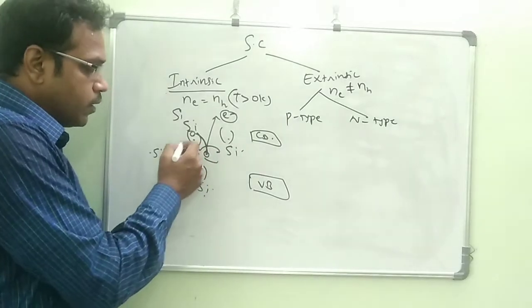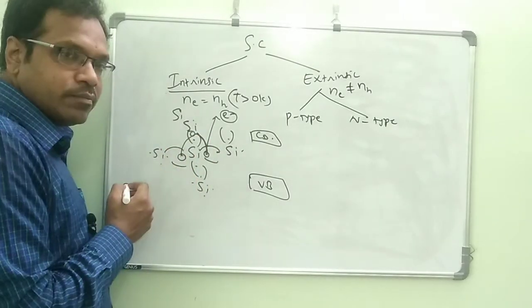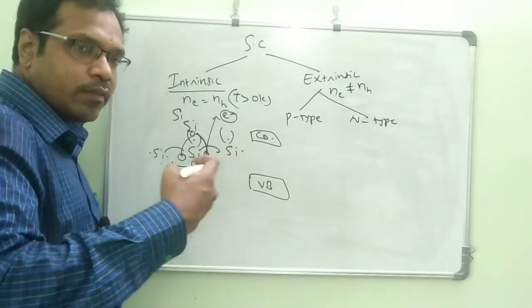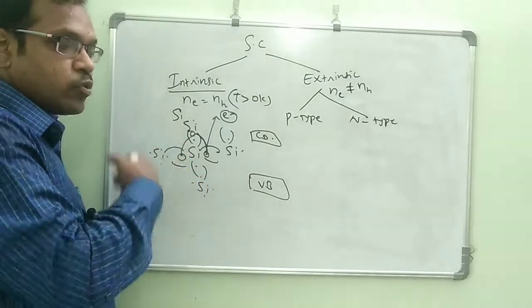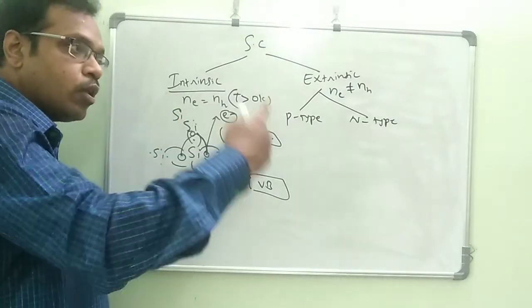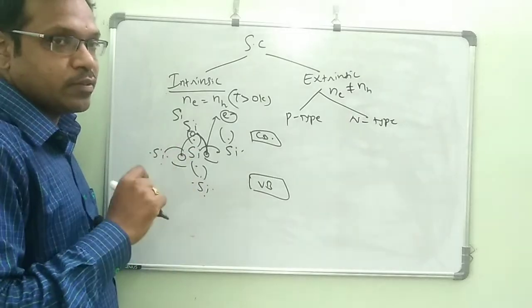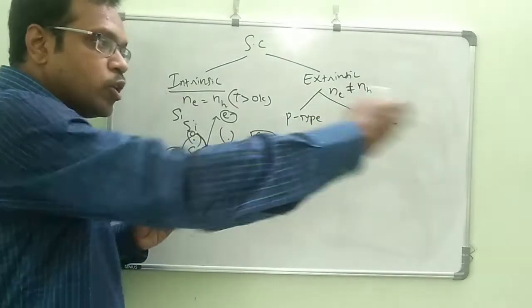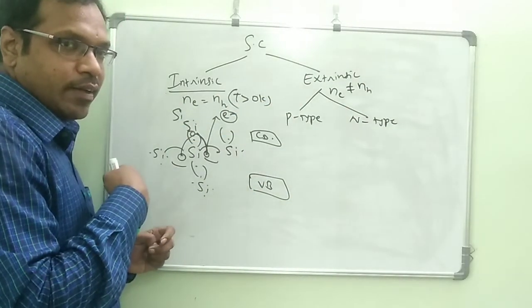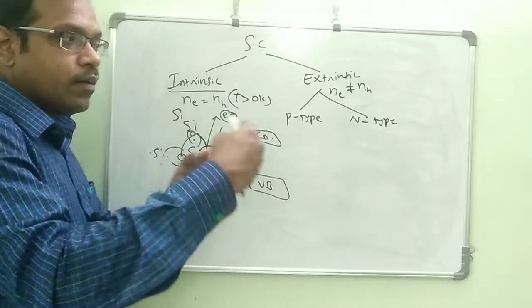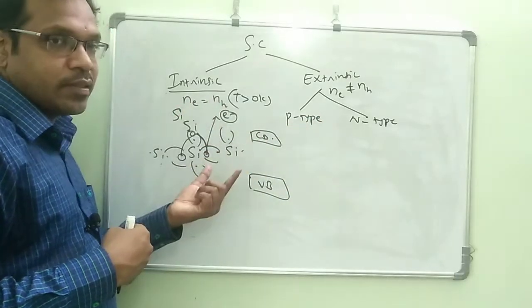One by one, the next one will jump, and here a hole will come. Like that jumping will continue, so that electrons go on jumping. Only one hole, and that hole also will start moving opposite to the direction of electrons. So electrons will go like this now, holes will come backward. Okay, so because of that both are equal in this.